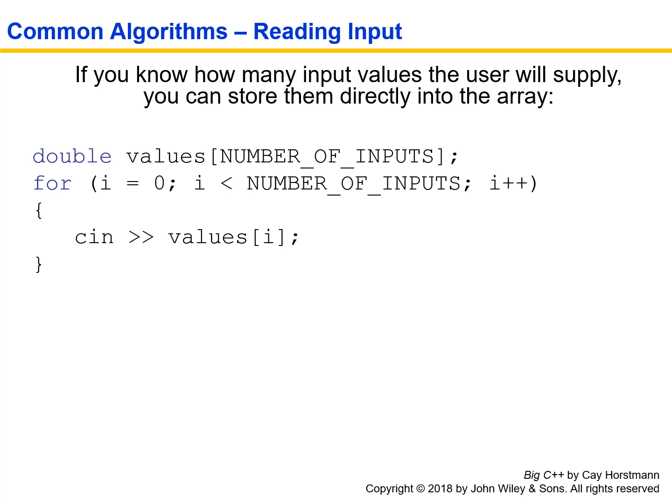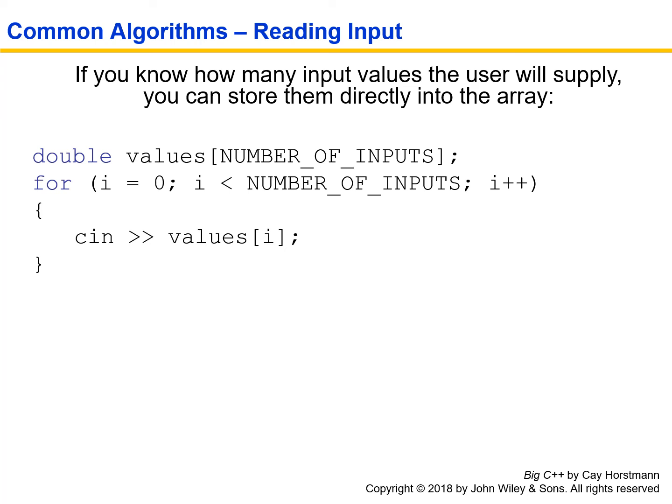Reading input: if we know exactly how many inputs the user is going to type, all we have to do is define the array to have exactly that number of elements, and then do a for loop that counts up to that number of inputs.